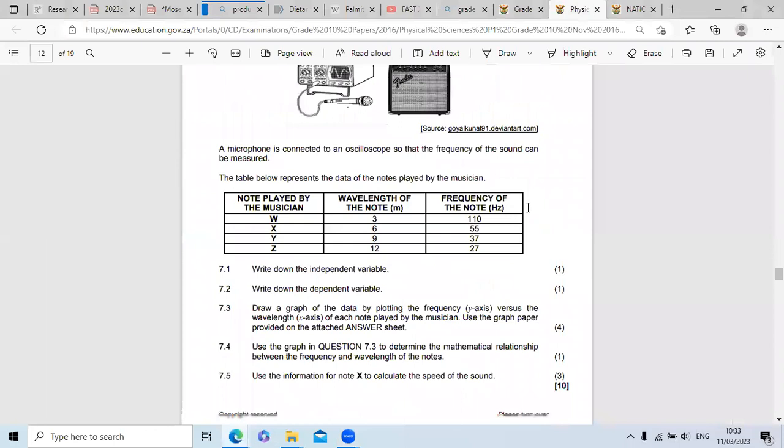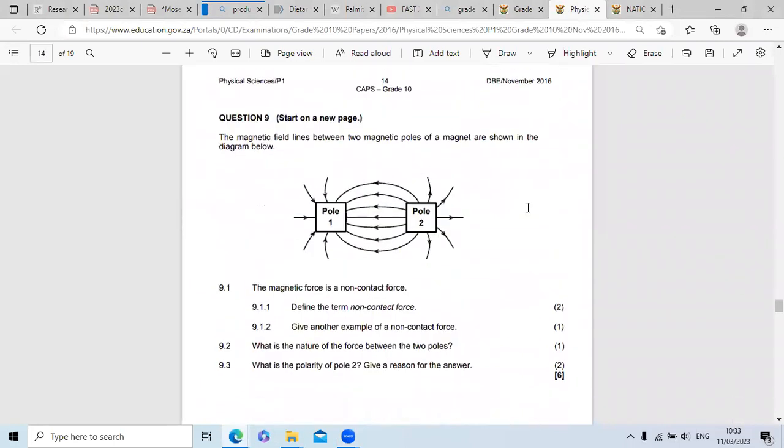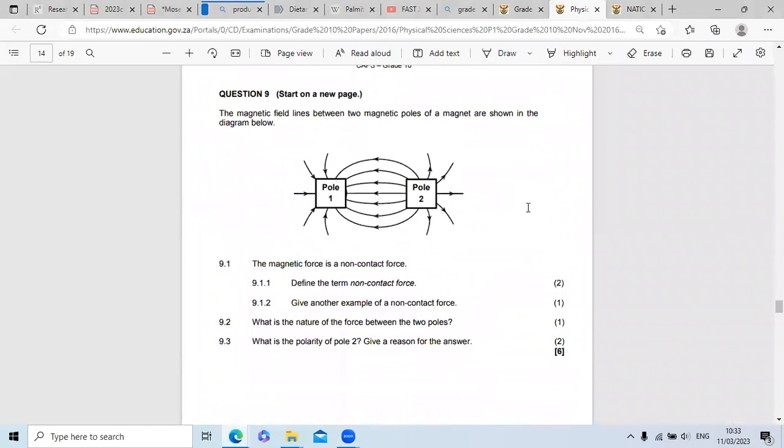So, I'm just gonna show you the type of questions that are gonna come out when it comes to magnets. As you can see from question 9, magnets don't really have that many marks, but you just need to know about how they work and how their magnetic fields are constructed.